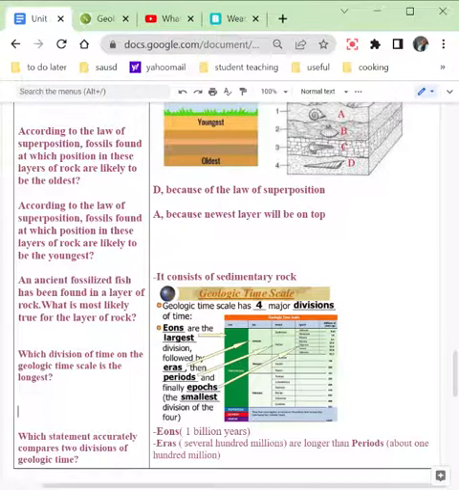So a statement that would accurately compare the two divisions of geological time would be that eras are longer than periods.